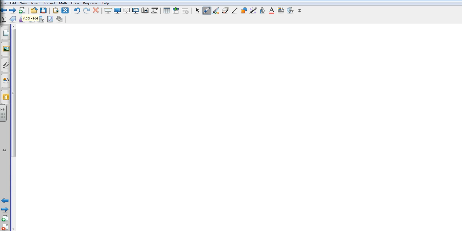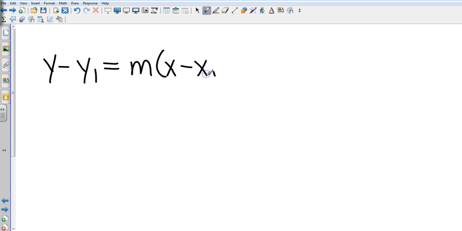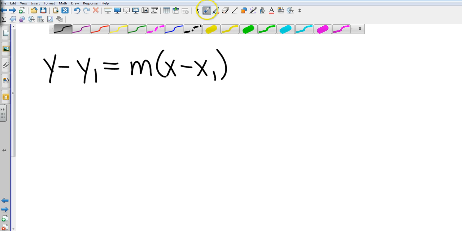The point slope formula is y minus y1 equals m times x minus x1. We are familiar with the m, that is going to be our slope. Then we're going to substitute in for y1 a point, and substitute into x1 a point.